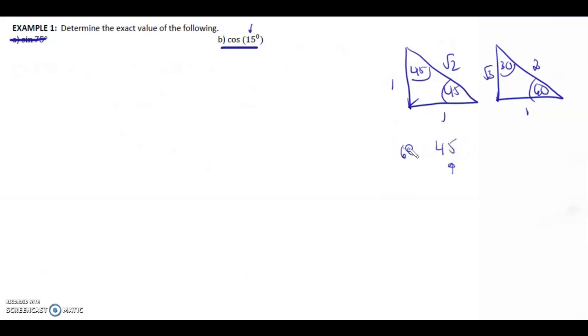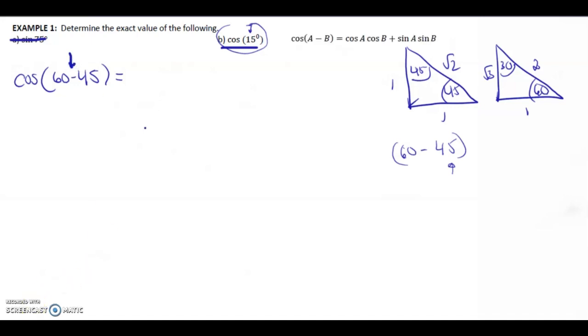So I think 60 minus 45 equals 15. So I'm going to write an equivalence of this. This is equivalent to cos 60 minus 45. If we take a look at the compound angle formulas for subtraction, cos A minus B, A is going to be our 60 and B our 45.